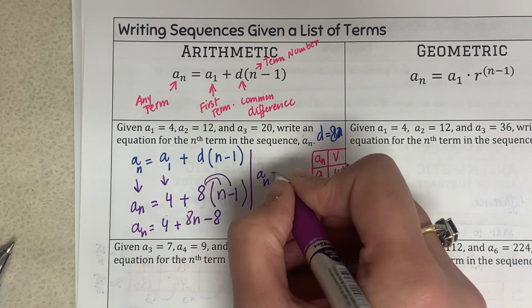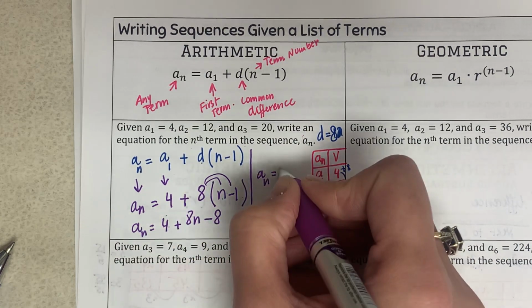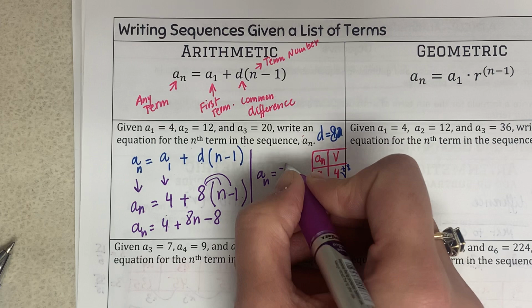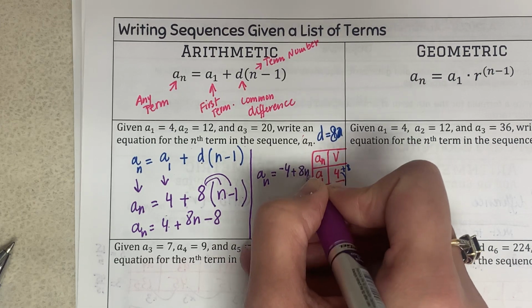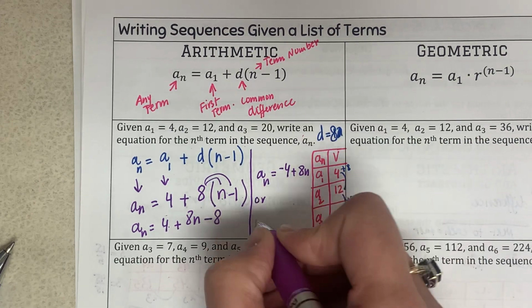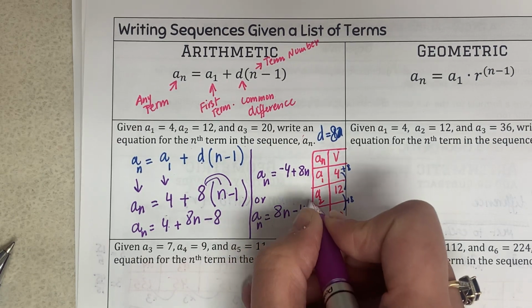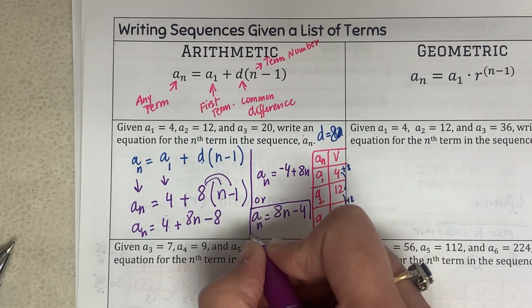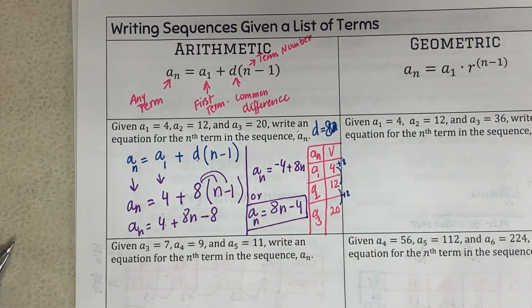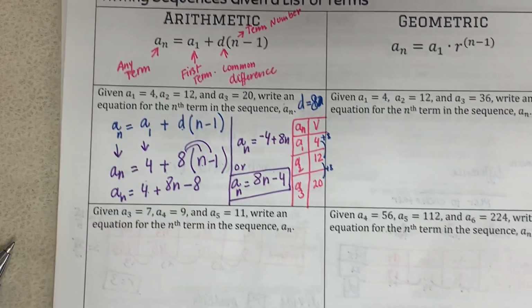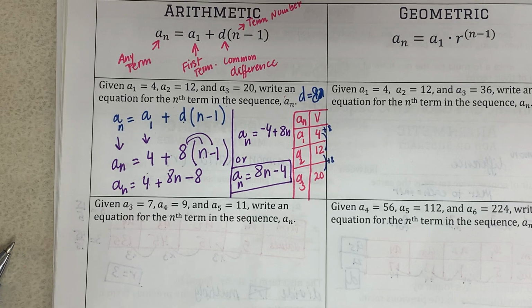So a_n equals 4 minus 8, which is negative 4, plus 8n. Or you can write it as 8n minus 4. So this is your function. All you have to do is plug in the numbers and then distribute, and there you go. You have the function for it.